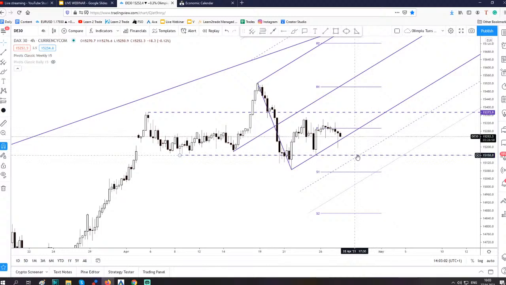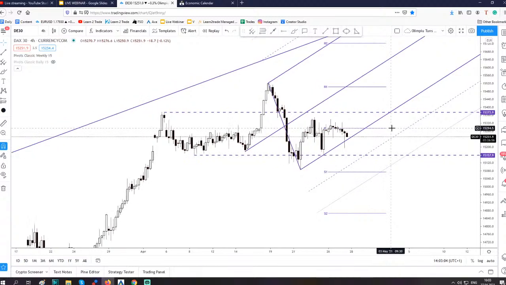As you can see here, the index has found strong resistance at the weekly pivot point, 15,294.5. It has registered only false breakouts above this pivot point and now is pressuring the lower medium line of the ascending pitchfork.